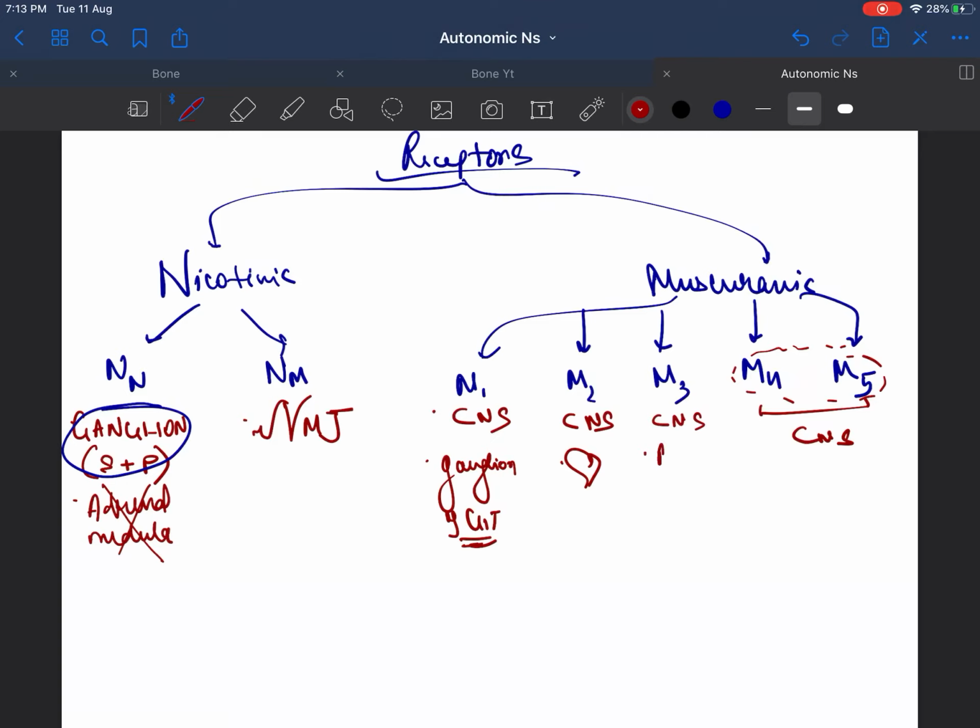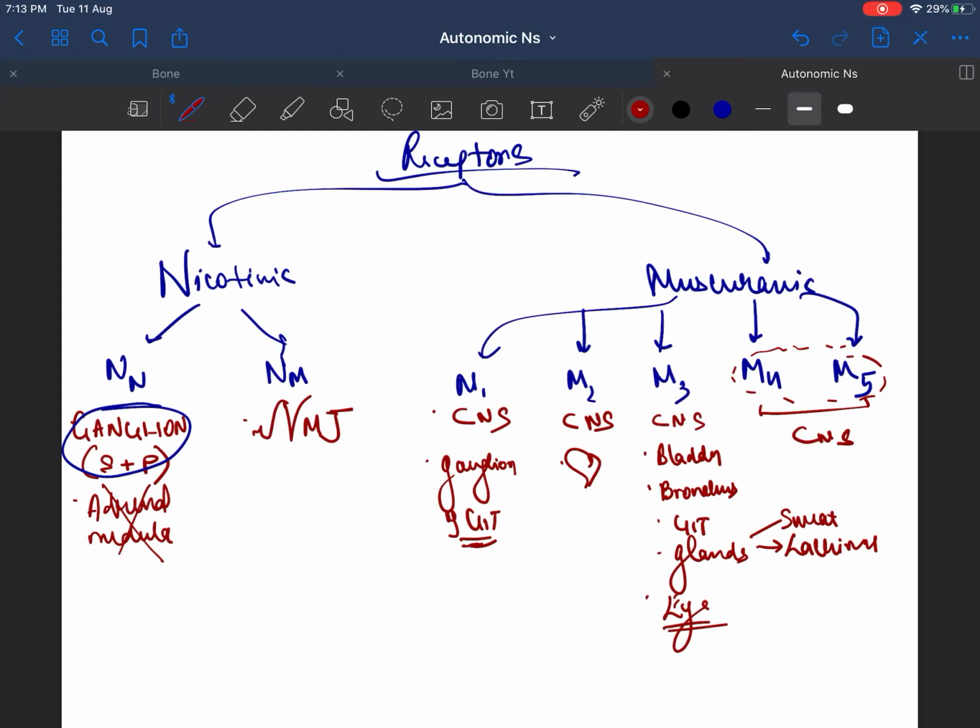So it can be your bladder, your bronchus, your GIT. We have already listed CNS. It can be your glands, your sweat glands, your lacrimal glands, and obviously the eye, very important. These are the main areas where the M3 receptors are working.